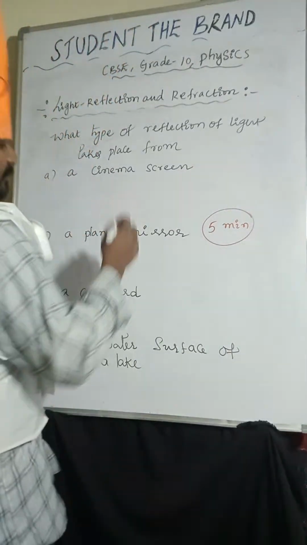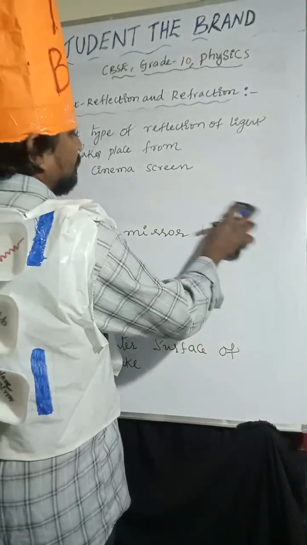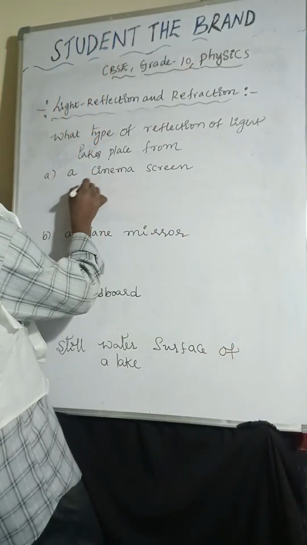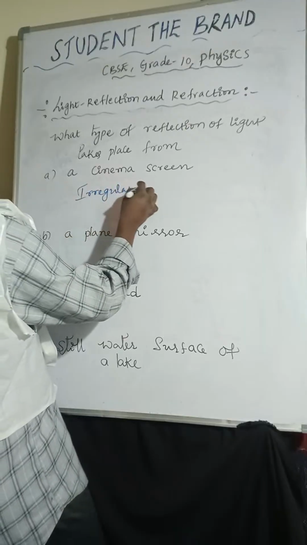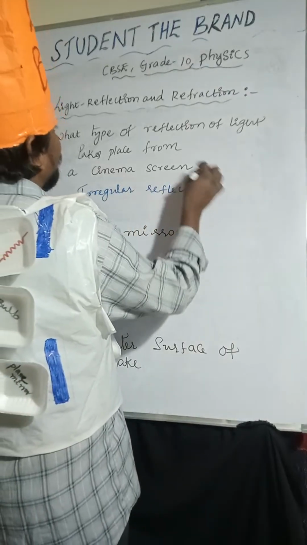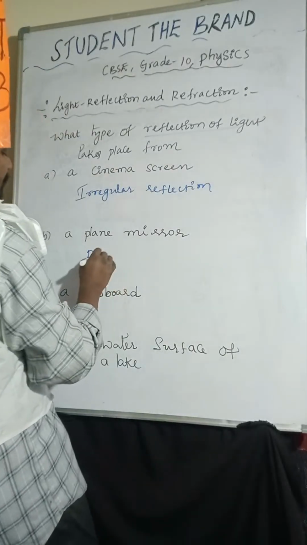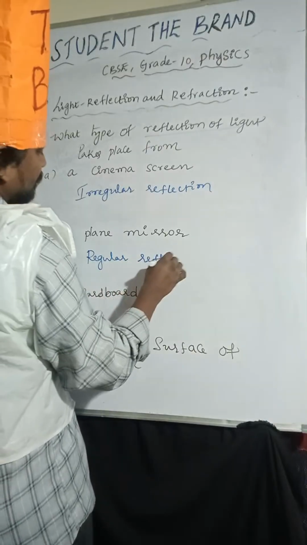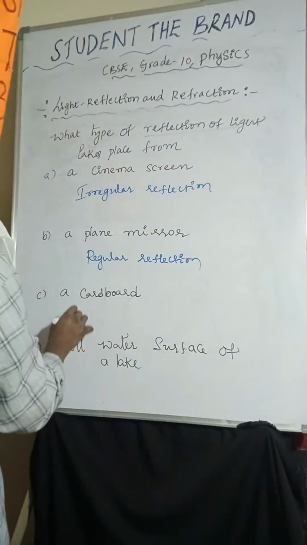On a cinema screen, irregular reflection. On a plane mirror, regular reflection. On cardboard, also irregular reflection.